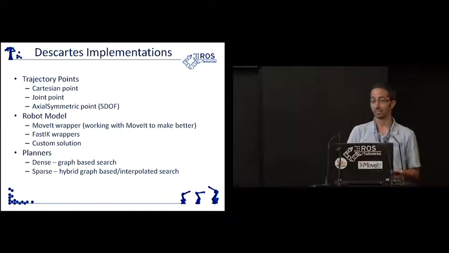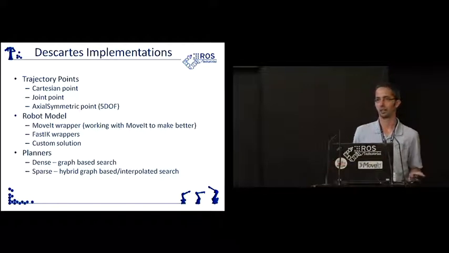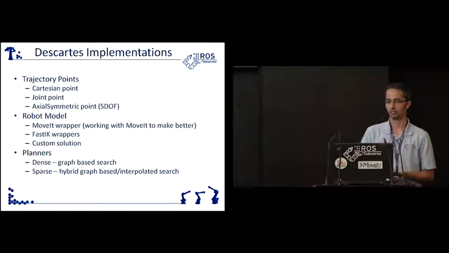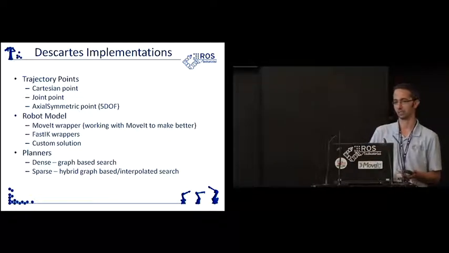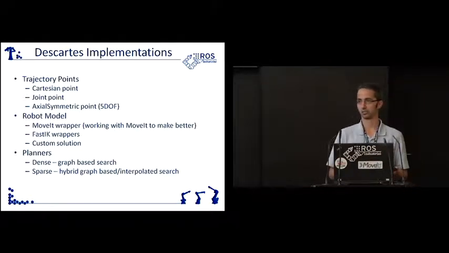But it's a hybrid graph-based approach. It uses the dense planner underneath, but it also allows you to interpolate to points within the trajectory. So you don't have to load up the dense planner with all of your points. The result is, for most trajectories, it's much faster because interpolation is a faster search than graph-based search.